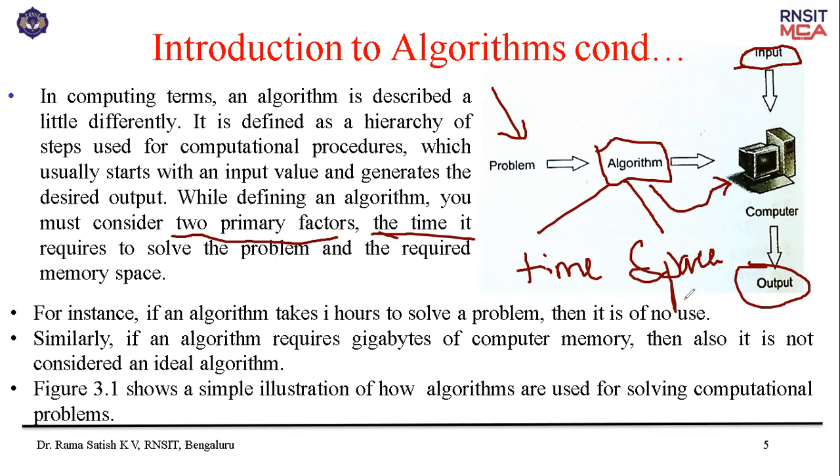This is what you call time complexity and space complexity. Time complexity is how much time it will take, and space complexity is how much memory it will use to solve a particular problem using this algorithm.